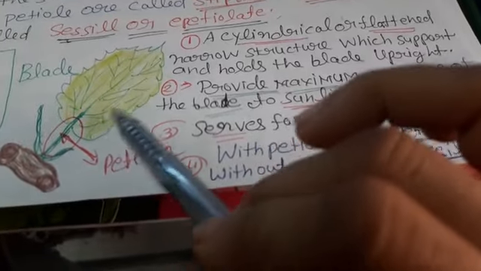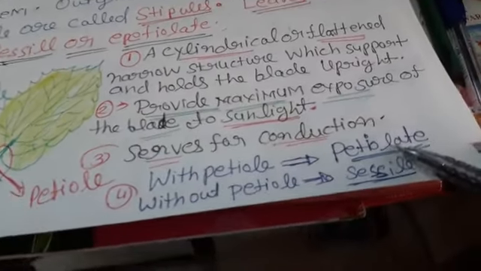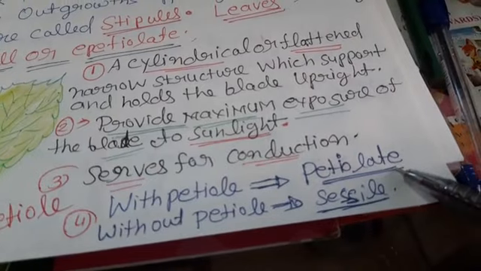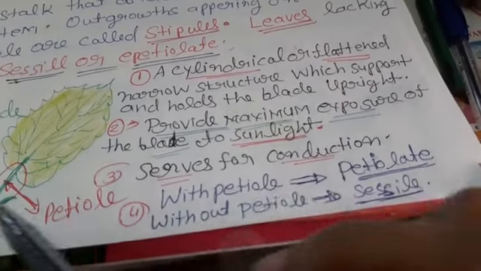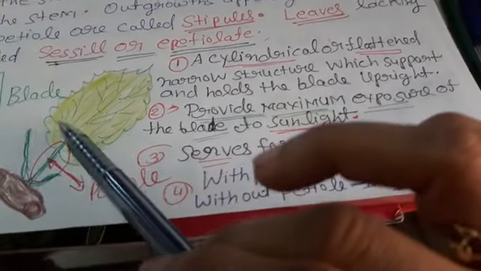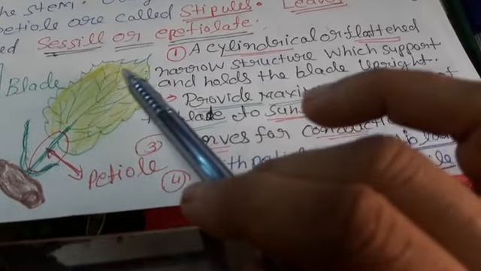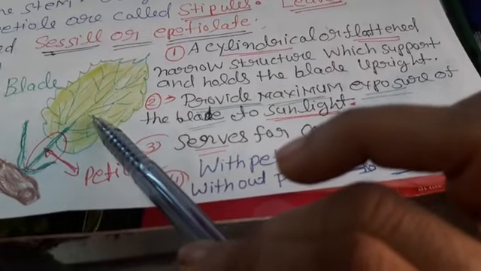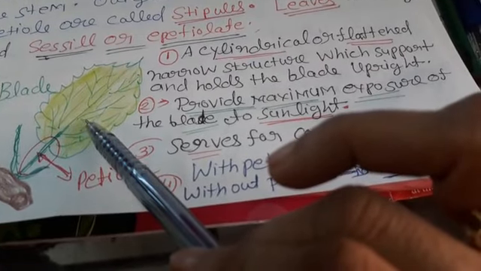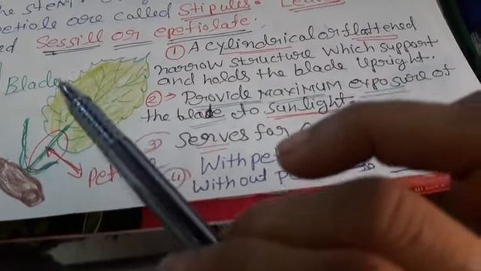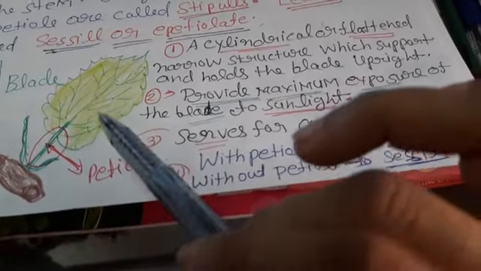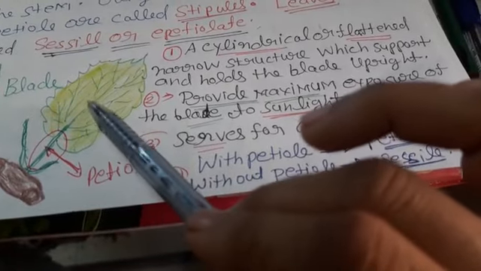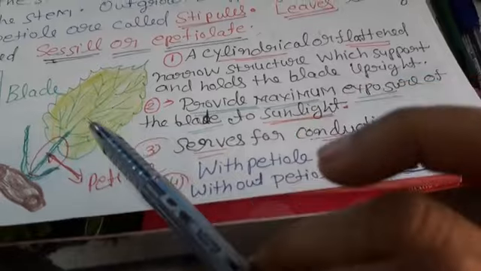If it is present, the leaf is petiolate. The petiole supports and holds the blade, the green flattened part of the leaf, upright, and provides maximum exposure of the blade to the sun.